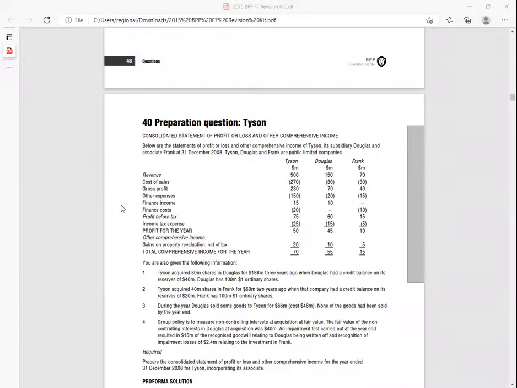And then we have total comprehensive income lastly, and this total comprehensive income must always be written in capital letters.